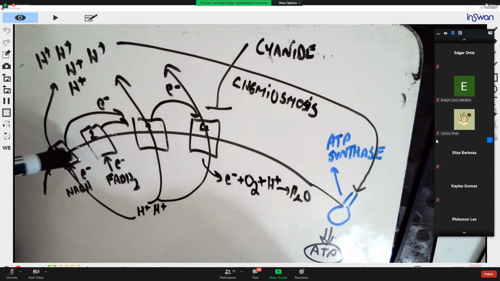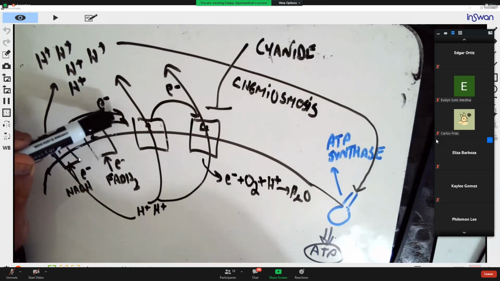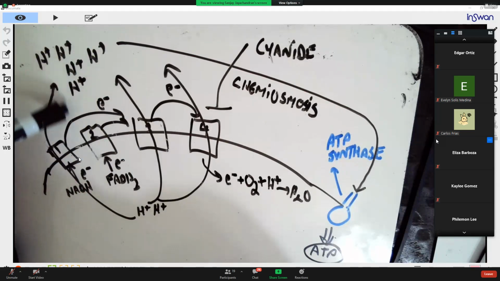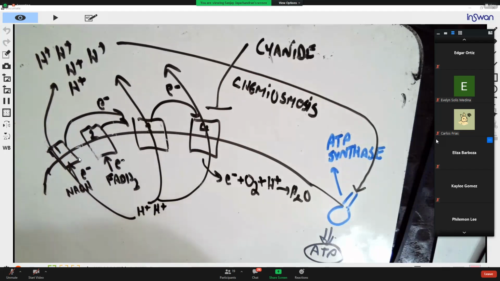So remember I said this was impermeable before. Well, what this chemical did was it took these protons and made this membrane sort of leaky to protons and brought them right back down. What's that going to do to energy production, or ATP production? Stop it. Yeah, you're right.